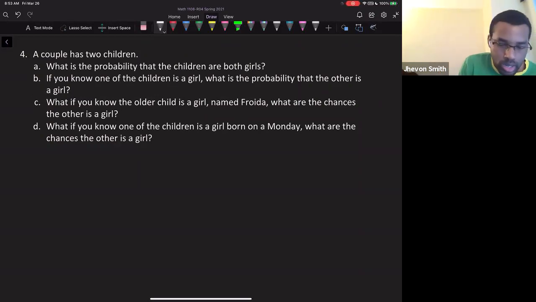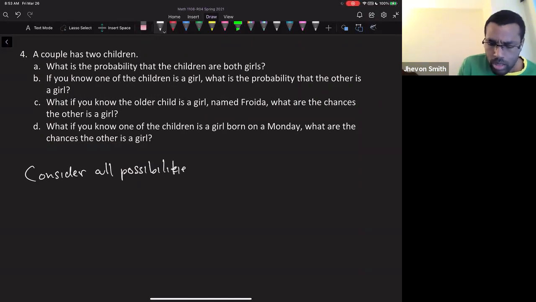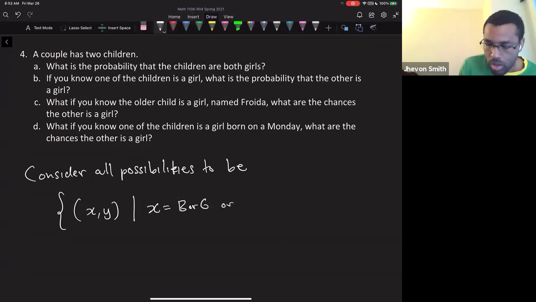So you would consider all possibilities to be sets of this type, like x comma y, such that x is boy or girl, and y is boy or girl, right?